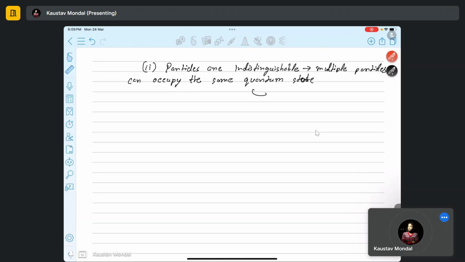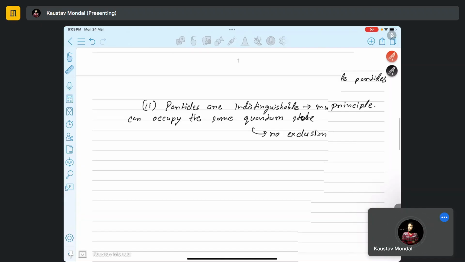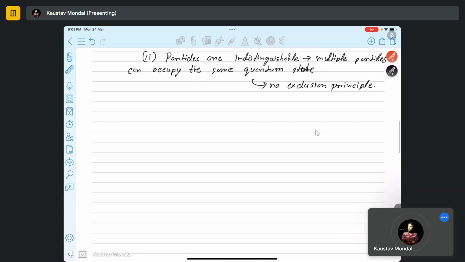That means no exclusion principle. As I have told earlier, the Pauli exclusion principle will not be applicable for this kind of bosonic particles.